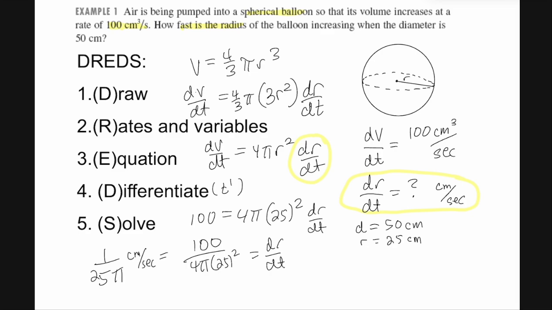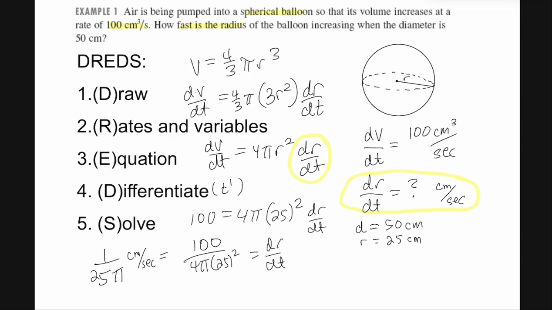So what did this tell us? At the exact moment that my balloon is being filled with air at a rate of 100 cubic centimeters per second, when the radius is 25 centimeters, my instantaneous rate of change of the radius is increasing at 1/25 pi centimeters per second.